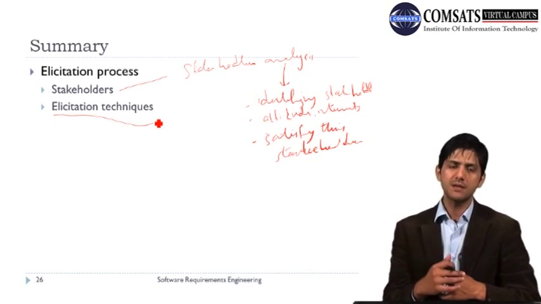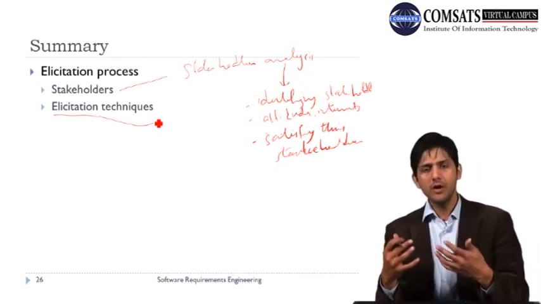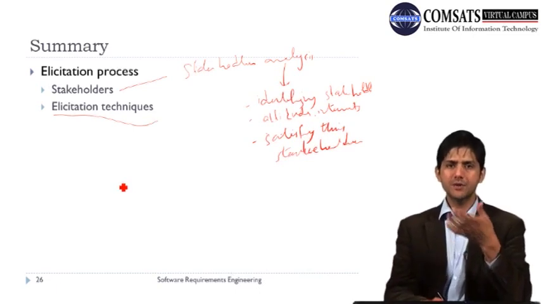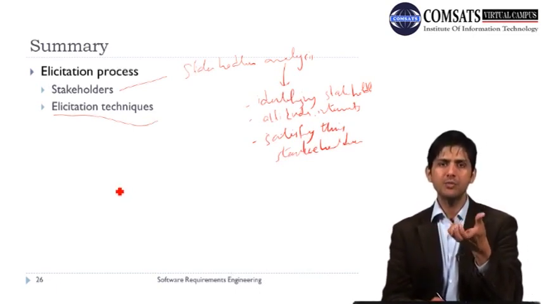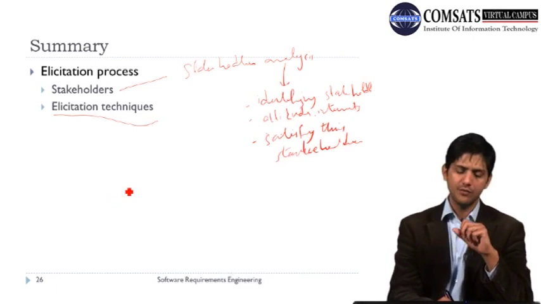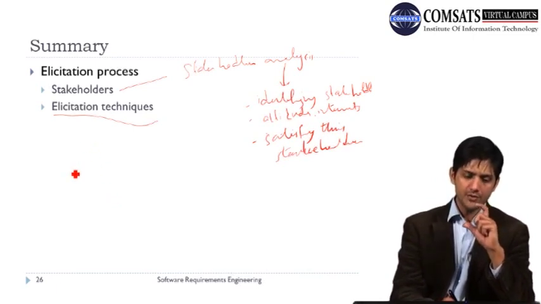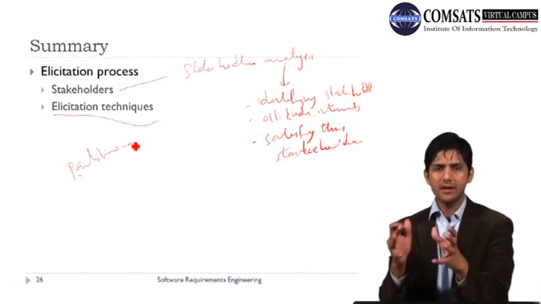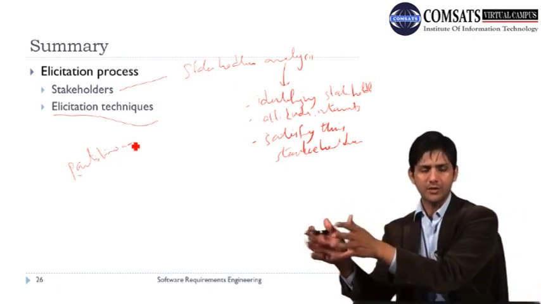But before we got to it, we said that when we elicit requirements, we are actually gaining knowledge about the system, and we need to structure that knowledge. The knowledge is normally structured in three forms. We try to partition our knowledge, which means we aggregate requirements for a particular area.